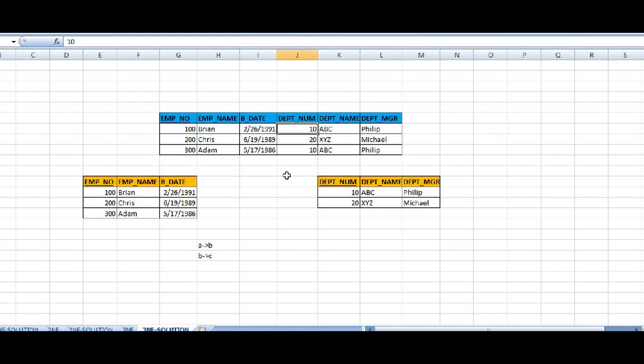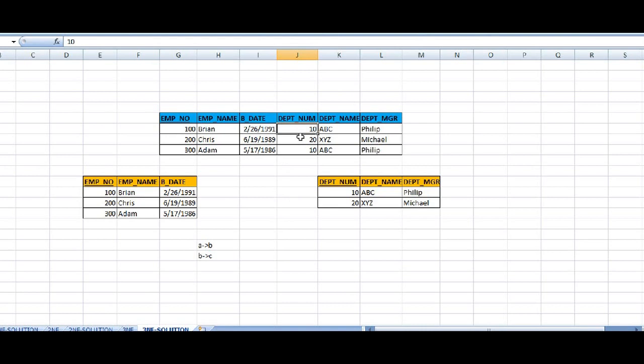Say, I can easily determine department number if I'm given this employee number. Means, given an employee number, I can uniquely identify which department this employee is assigned to. In the same way, given a department number, I can say who is managing this department.